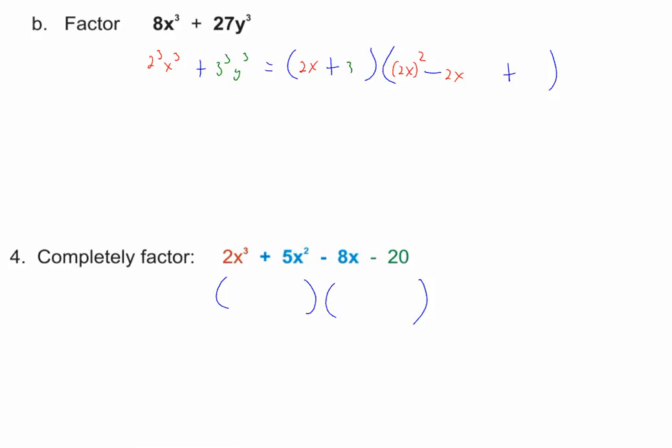Cube root of y cubed is y. That's a 3y. The back is parentheses 3y squared. And the middle is the 3y. Clean it up. Finish it out. 2x plus 3y times 4x squared minus 6xy plus 9y squared.